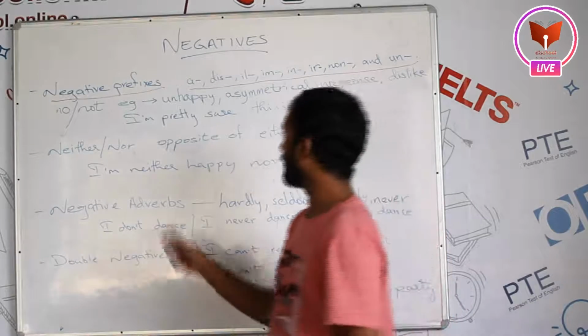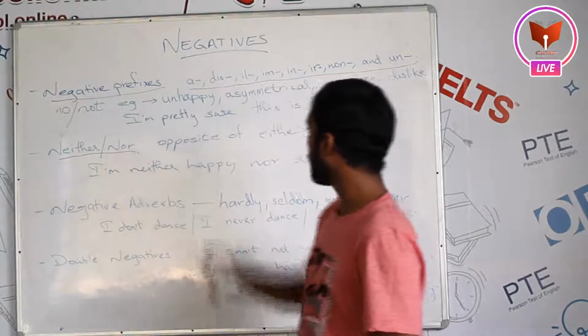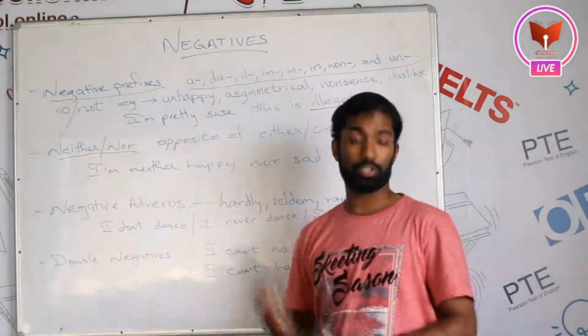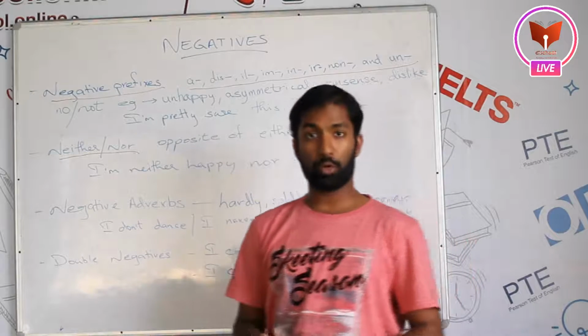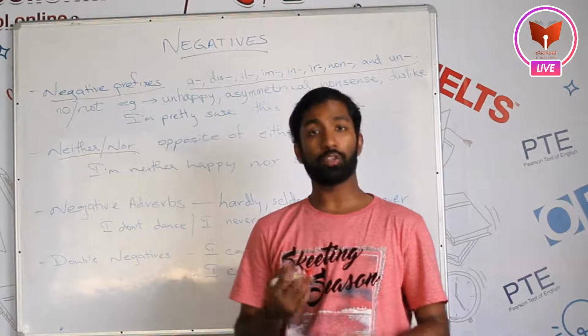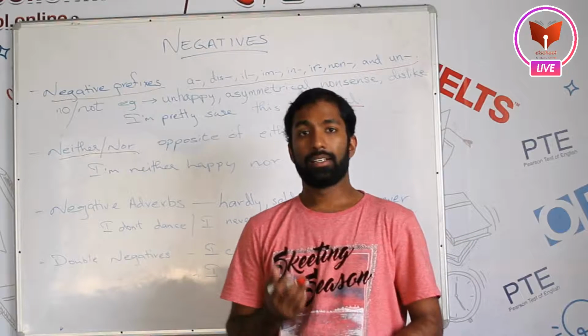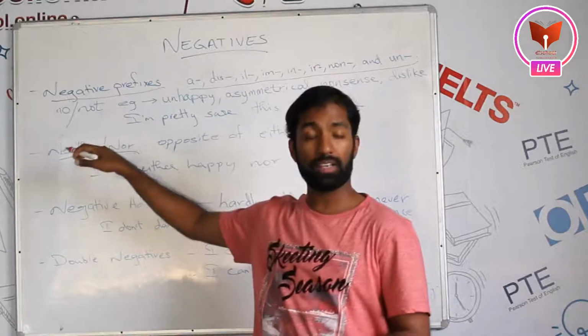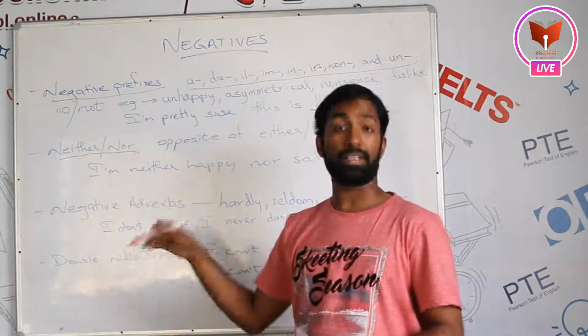Then what's the second case? The second case is neither or nor. Using those words is also negative. Like I have said, a sentence does not need to contain a not or a no in it to make it a negative.